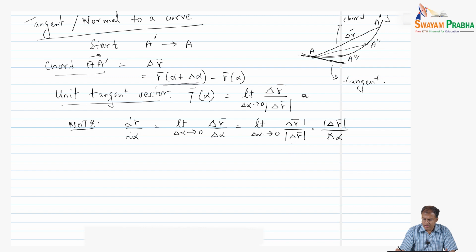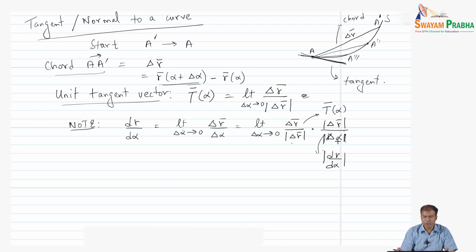And notice that this quantity is my tangent vector, and what is this? Magnitude of delta R over delta alpha is nothing but the magnitude of dR d alpha, right? Alpha is a scalar, so I don't mind putting a mod or an absolute value over delta alpha as well, because alpha is a scalar.